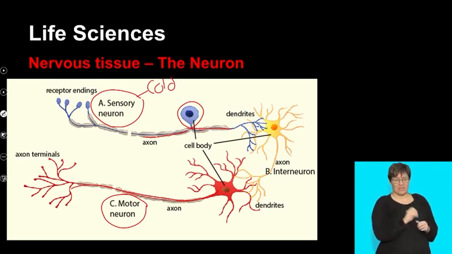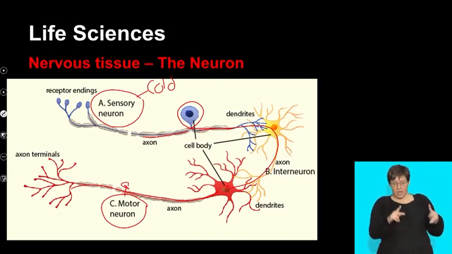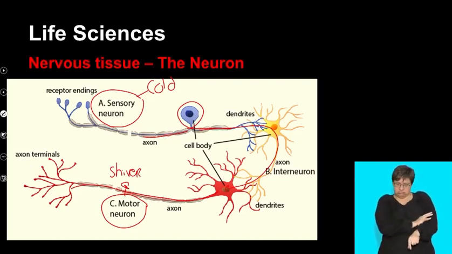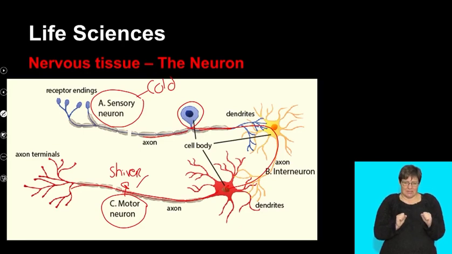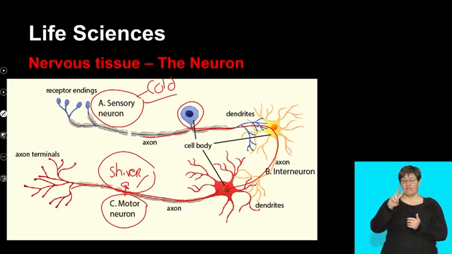It will go to your brain, and the brain will send a message back: you're cold, let's start to shiver. What happens when I start to shiver? I get goosebumps, my muscles move, my hair stands on end. So I sense something and then I do something about it. So when it comes to the nerves, that is basically what they're going to do.